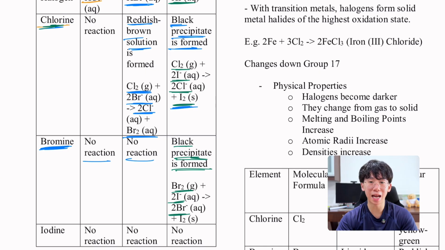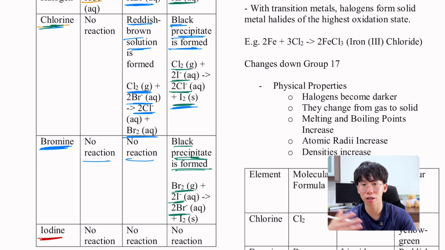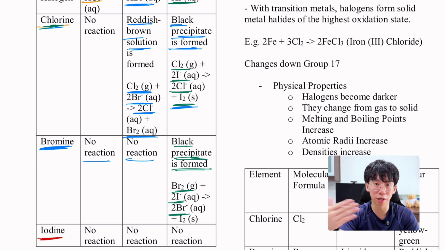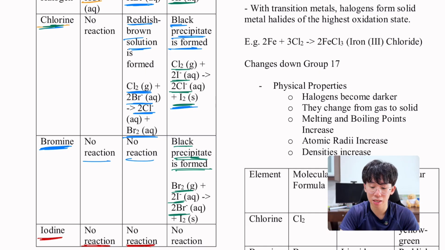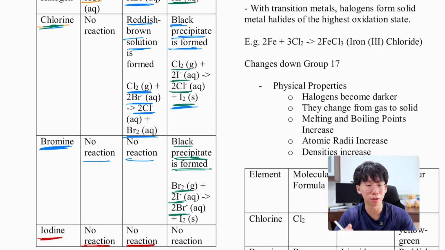And if we look at iodine, iodine is one of the least reactive halogens. So iodine compared to potassium chloride: iodine is less reactive than chlorine because it's lower in the group, so there's no reaction. Same thing, iodine with potassium bromide, it is going to have no reaction because iodine is further down the group than bromine, and that's why iodine is less reactive than bromine.